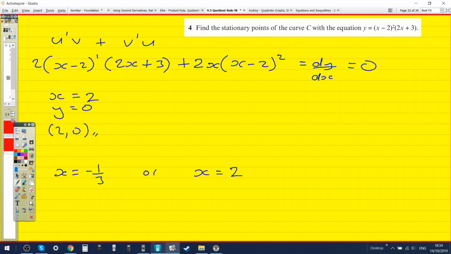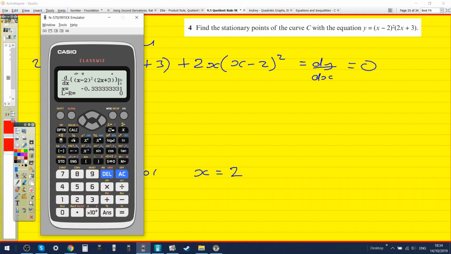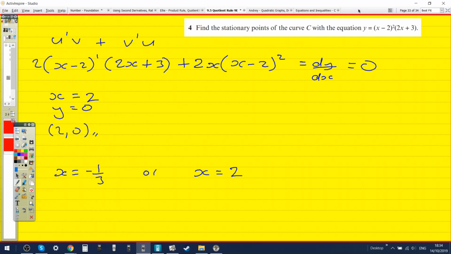So okay, this was the first thing, pure magic. The second way, obviously, since you have a graphical calculator, is to just graph it.